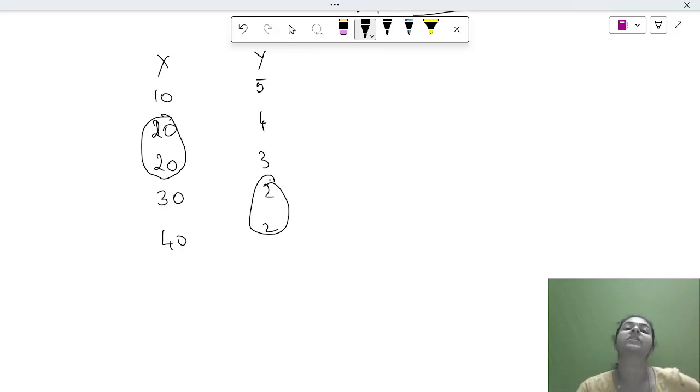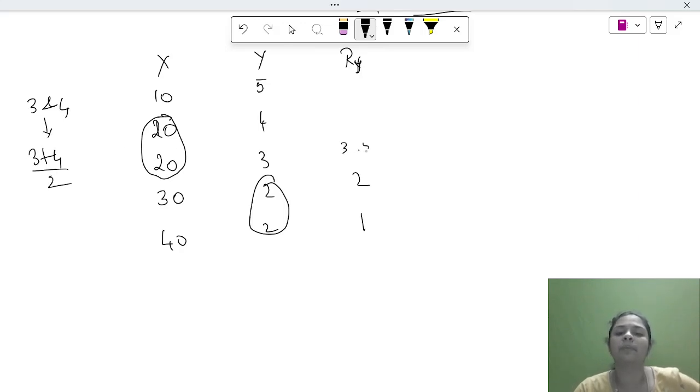We have to distribute the rank in such a manner that these repetitions will get the same rank. And when they get the same rank, there will be a rank that gets skipped. So let's see how the ranking will be given for x. 1, 2. Now third and fourth position is tied, so 3 plus 4 divided by 2. The two will get 3.5, 3.5. So third position is gone, fourth position is gone, and the last will be fifth rank.